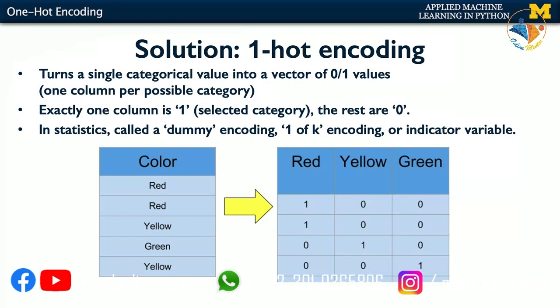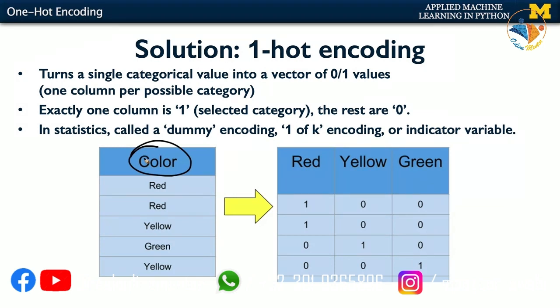So one very widely used solution to deal with categorical variables is called one-hot encoding. What that does is it takes a single categorical value and turns it into a vector of binary values. The way the encoding works is you look at your categorical feature and you make a list of all the possible values that it could take.